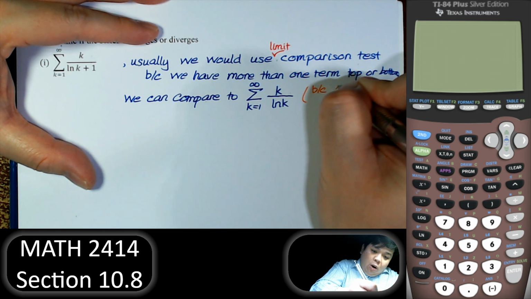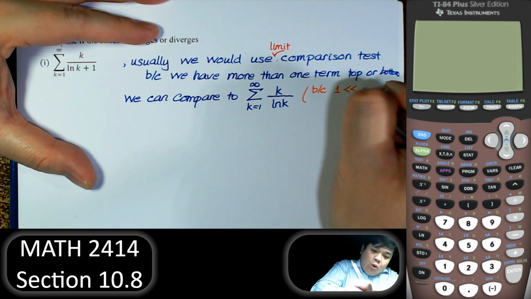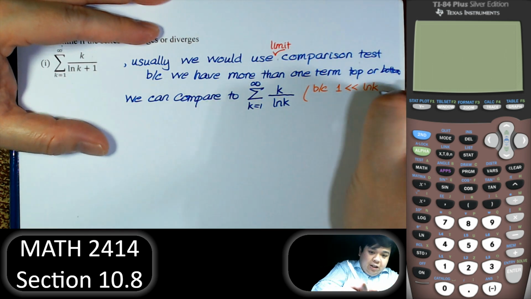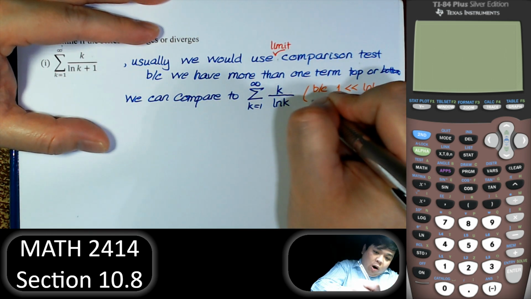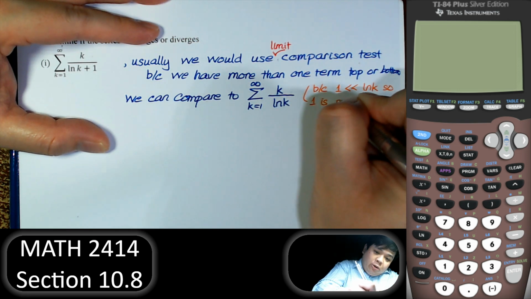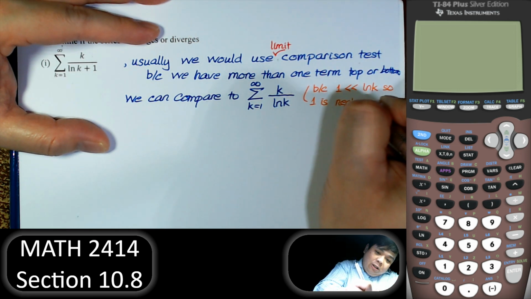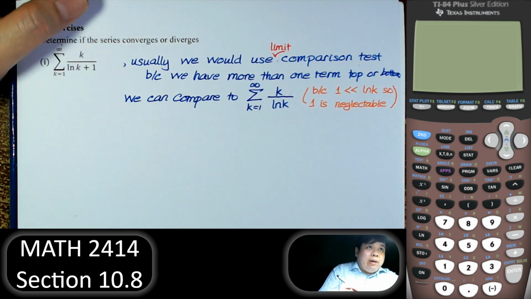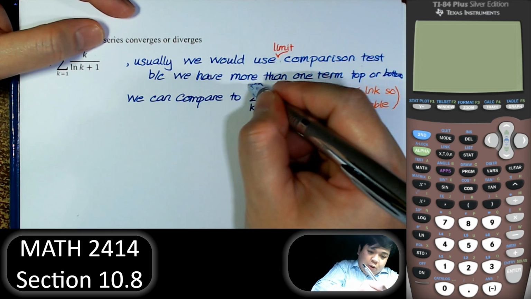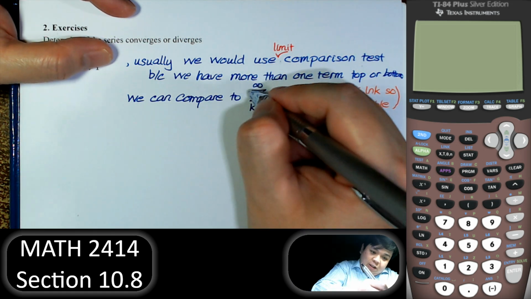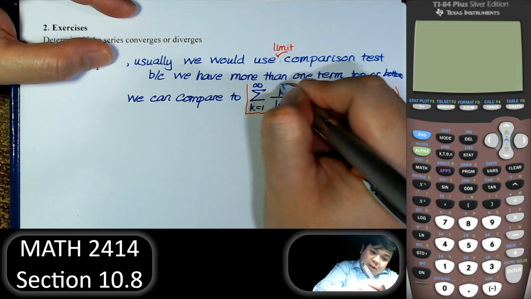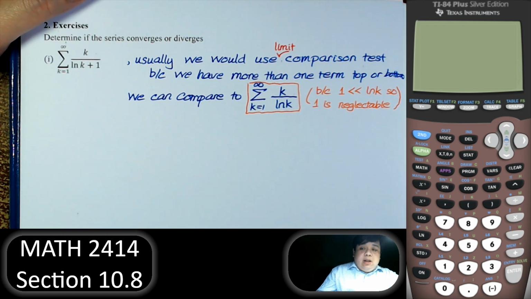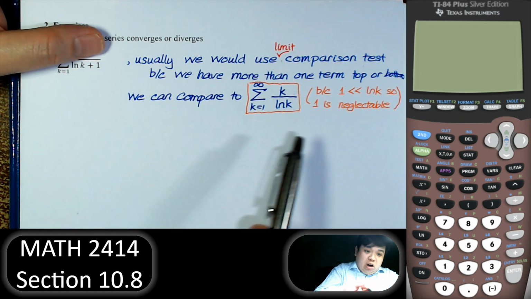Because 1 does not go to infinity, so 1 is negligible. Right, so in that case we will compare to this. Certainly that will work, but on this problem we will not do that.